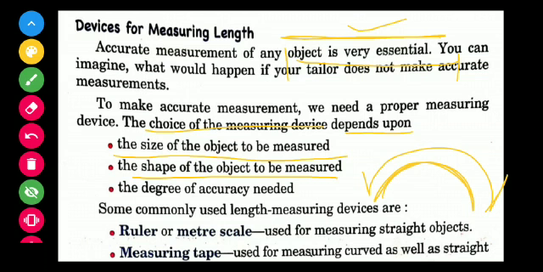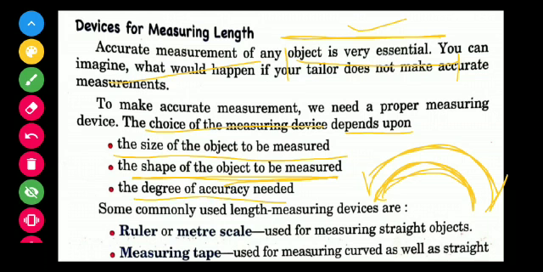Therefore, accurate measurement depends upon the choice of your measuring device, and the choice depends upon the shape of the object. For example, a tailor uses the measuring tape. And if you want to measure a hard or straight surface, then you normally use the meter scale.